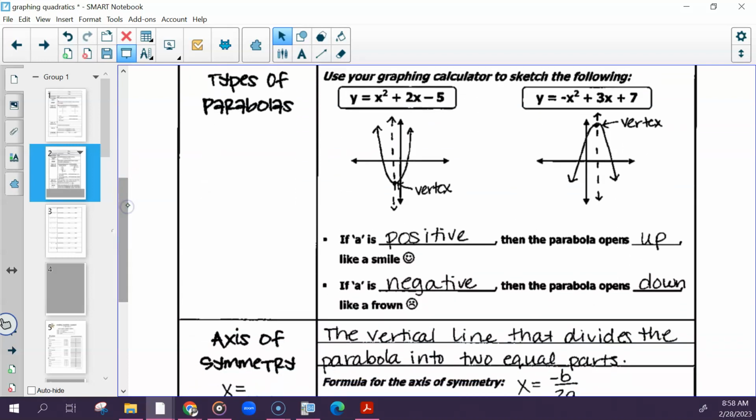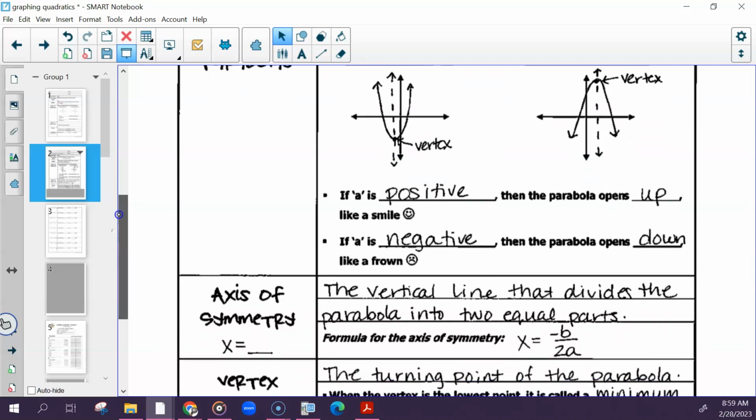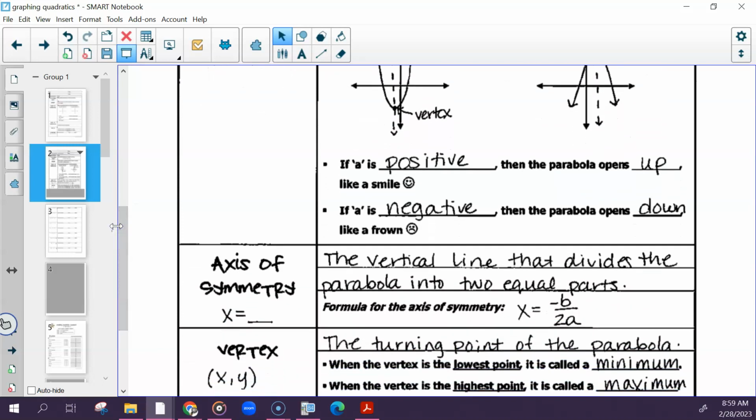As we are graphing them, there's a couple things that could help you determine which direction it's going to go. So if the number in front of x squared, your a, is positive, then it's going to face up. If it's negative, it's going to face down. That is important to remember. Then, here are some other things that are more Algebra 2 based, but we'll use them a little bit.